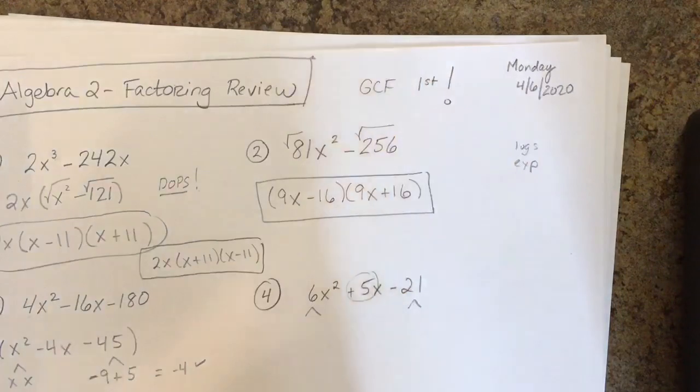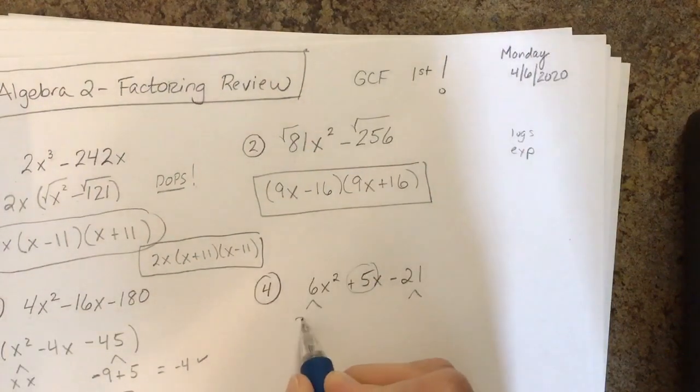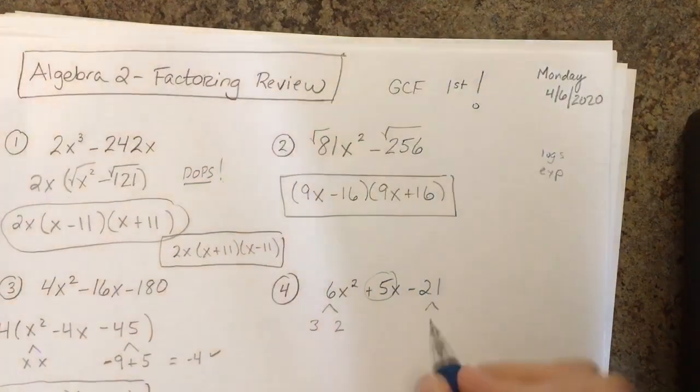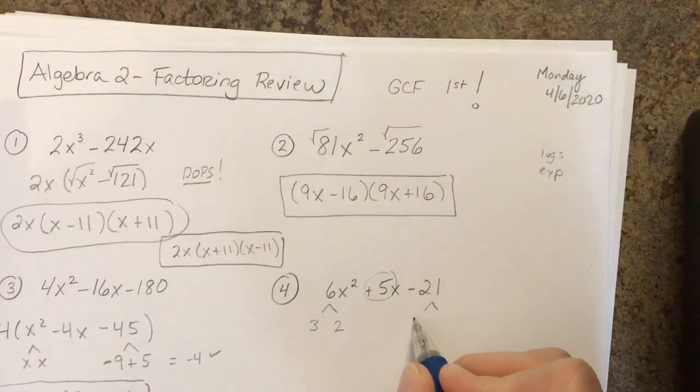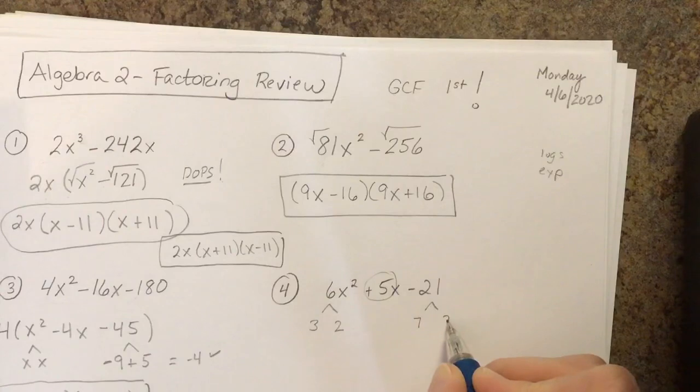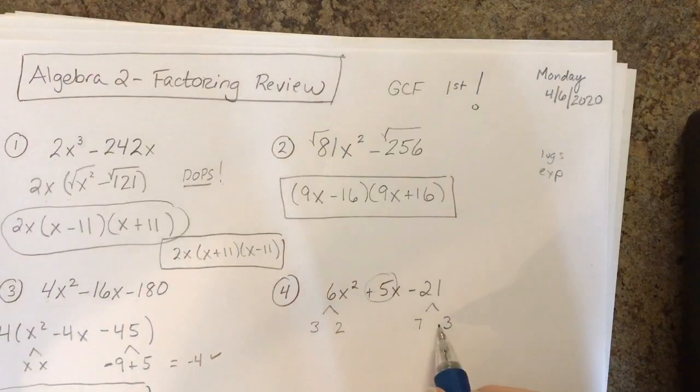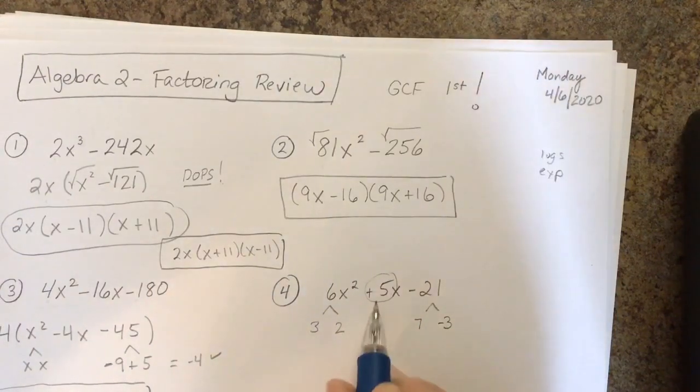I'm trying for 5. So 6 could be 3 times 2, or 6 times 1, we'll see. 21 is 7 times 3. One of them's negative, because I need to multiply to negative 21. So let's see, probably the smaller one's negative, since I want a positive 5.